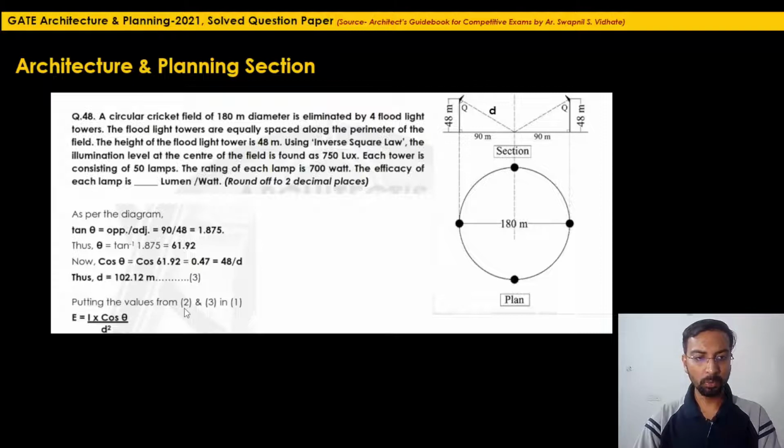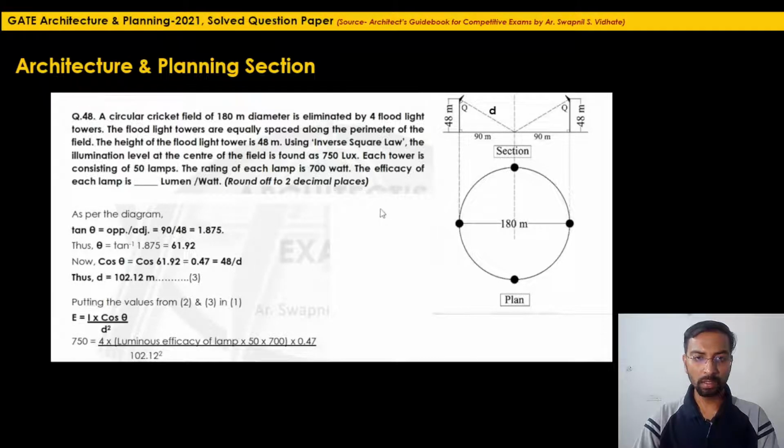Now we will put these values in the earlier equation, that is E equals I cos theta divided by D square, which is the Lambert cosine law. 750 is the illumination level they have found at the center of the field, in lux. The value of I from earlier equation 1 is 4 into luminous efficacy of lamp into 50 into 700, into cos theta, which we found to be 0.47, divided by distance D square, that means 102.12 square.